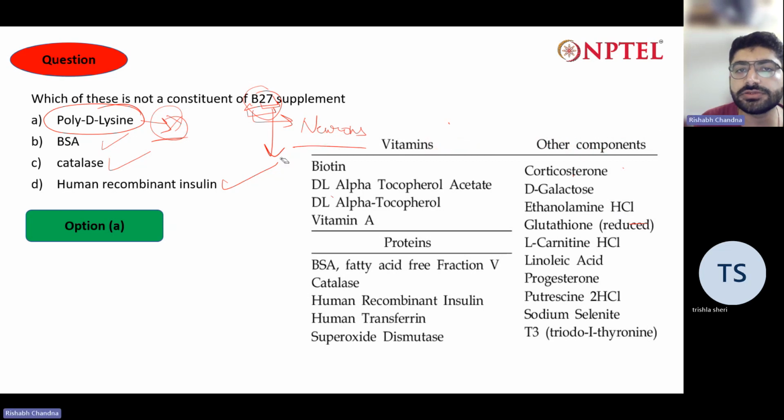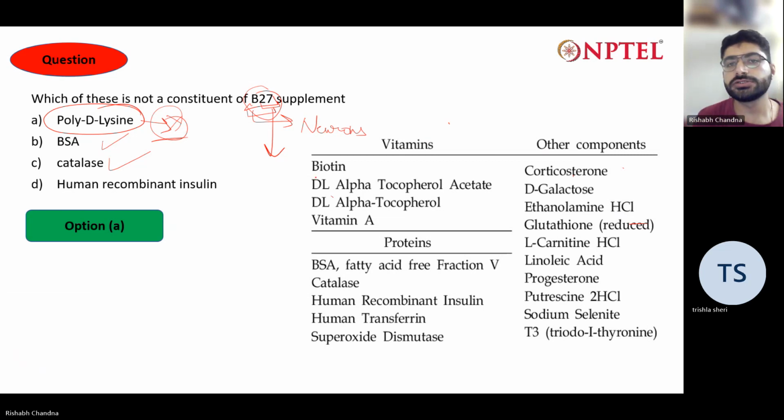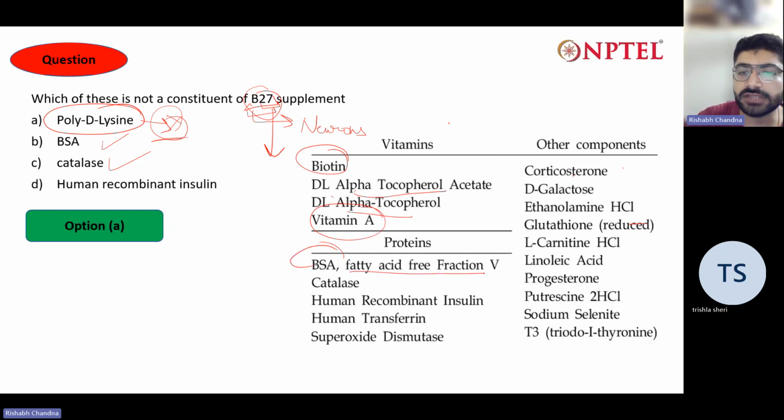So this is the constituency of the B27 medium. It has basic vitamins: biotin, alpha tocopherol acetate, alpha tocopherol, vitamin A. It has certain proteins also: BSA, fatty acid fraction, catalase, human recombinant insulin, human transferrin, superoxide dismutase. And it has other components as well.